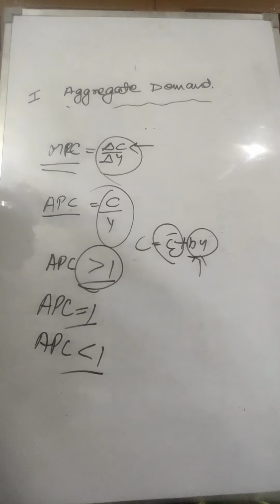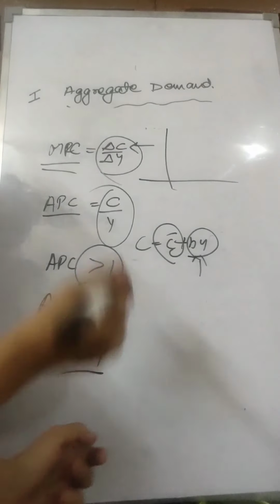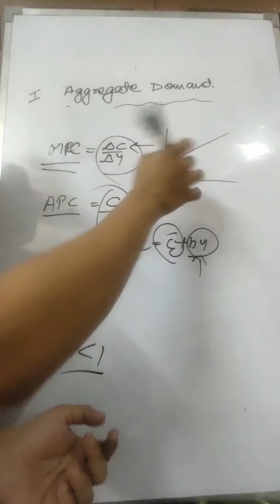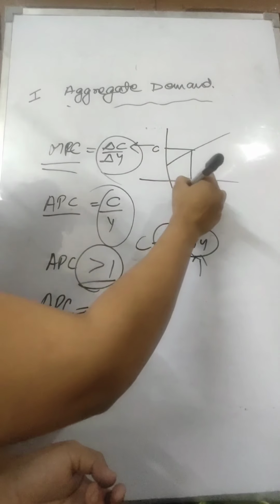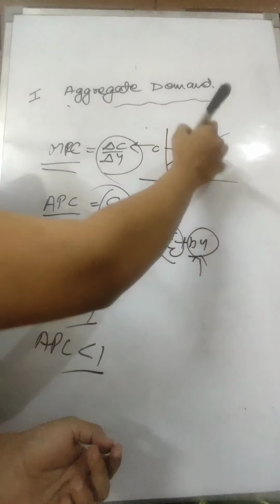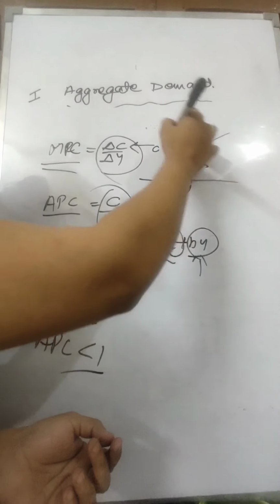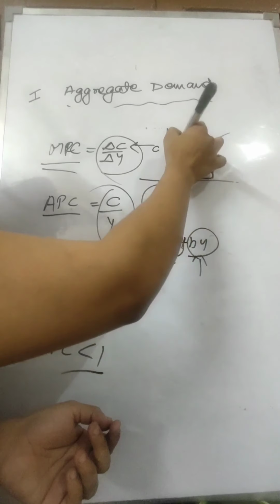Okay, so now with the diagram also, as I stated before, this is your AD, then when your C is this and your Y is this, then C by Y will be your APC. But when your C increases with the level of Y, what is the change, what is this gap?